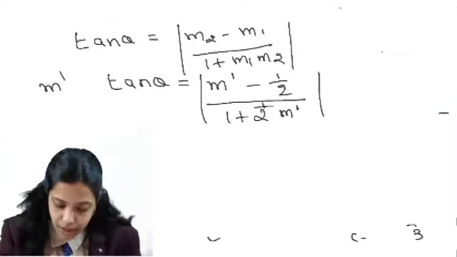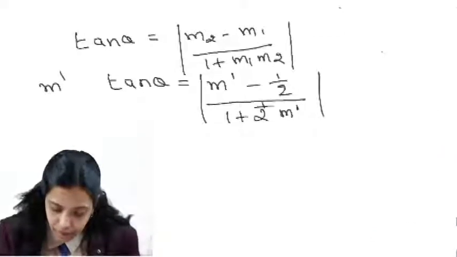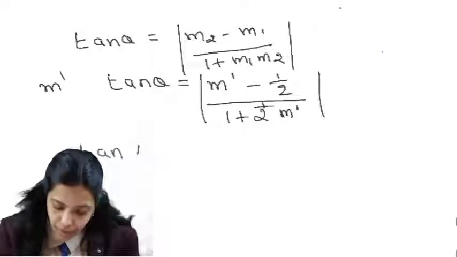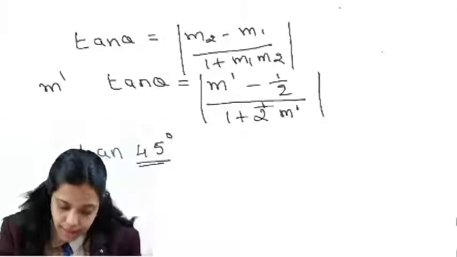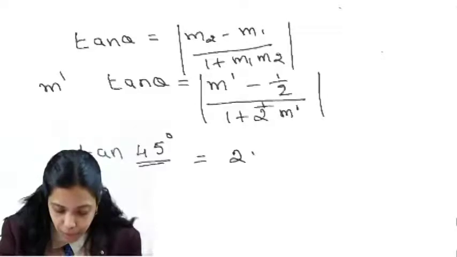We are just replacing the slope of the given line. Now we are going to solve the right-hand side. Here theta is given as 45 degrees, so tan theta is tan 45.